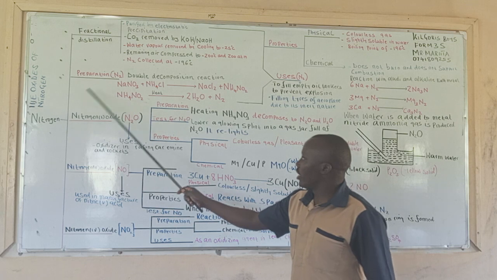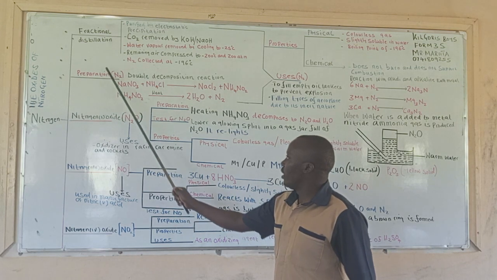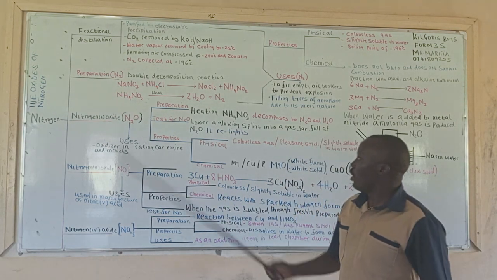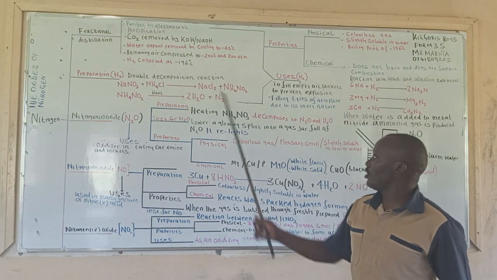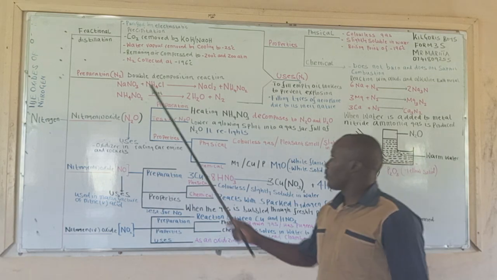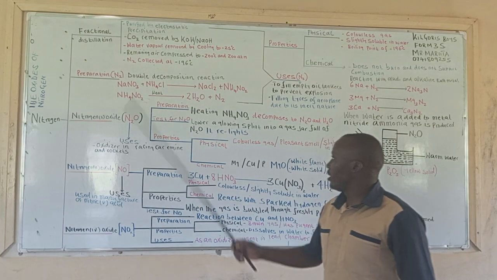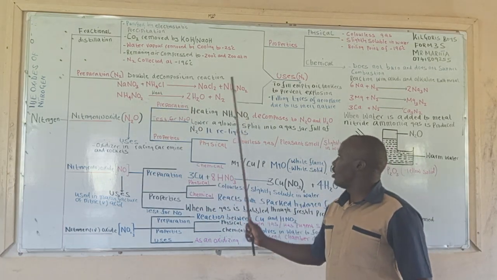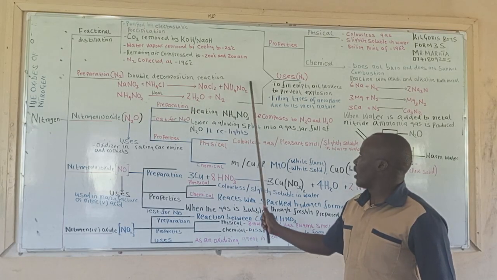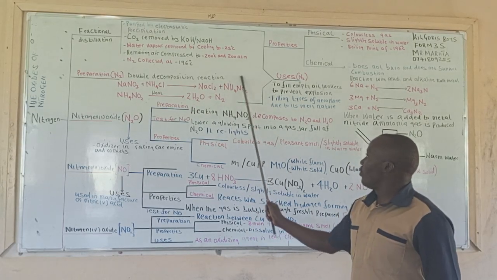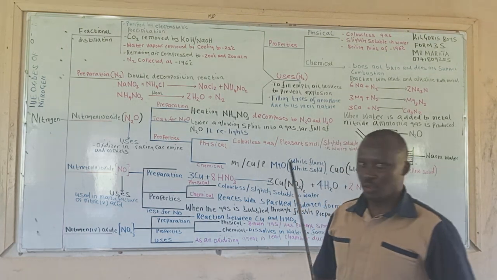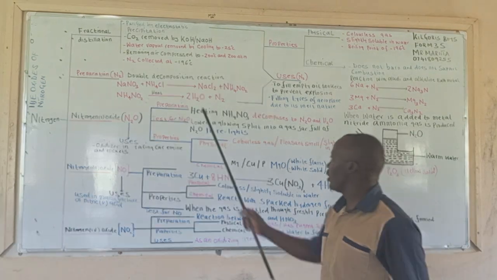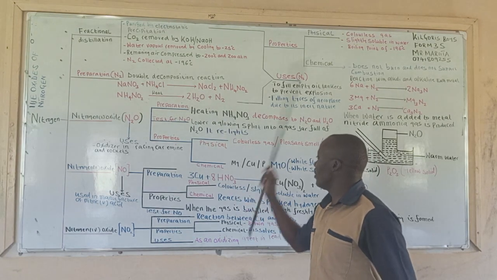Now, how is this nitrogen prepared? So we have the preparation of nitrogen. Nitrogen is prepared through a double decomposition reaction, whereby sodium nitrate is combined with ammonium chloride to give sodium chloride and ammonium nitrate. The ammonium nitrate in this case is an unstable compound, whereby it will decompose in the presence of heat to give water and nitrogen gas.